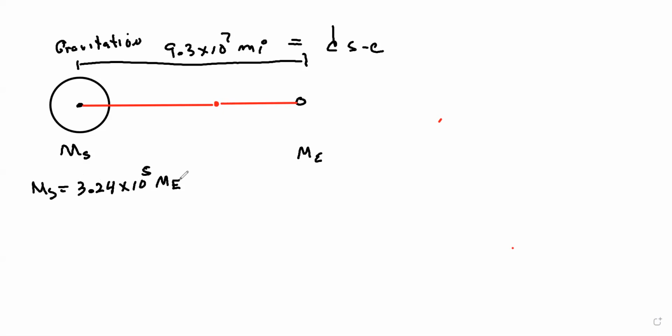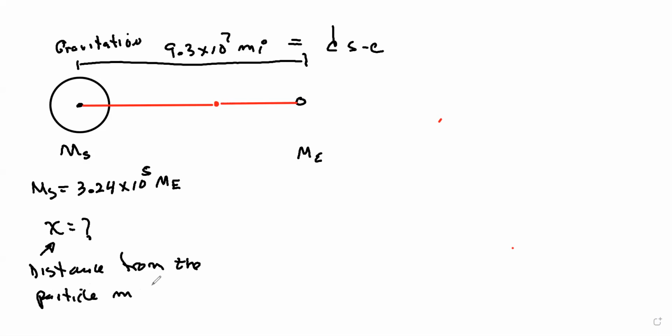That's what we know. And we're looking for x, which is the distance from the particle of mass m to the Earth. So that's what we're looking for, this one right here.